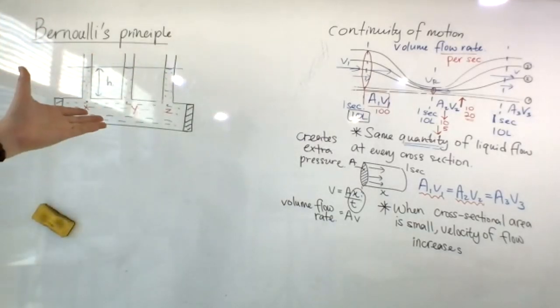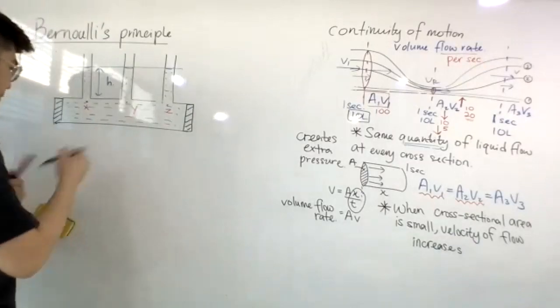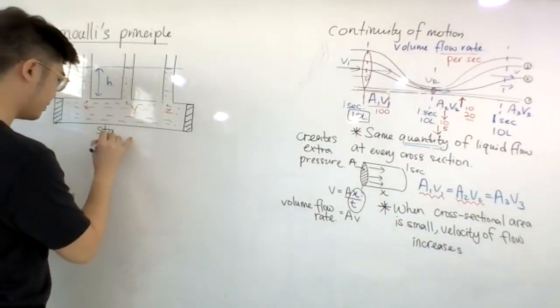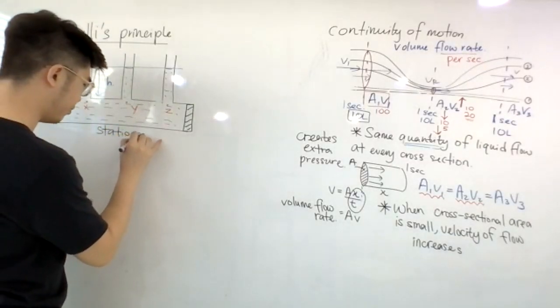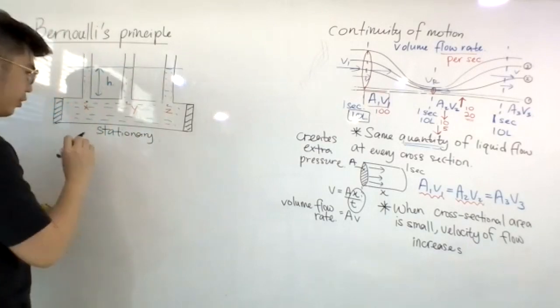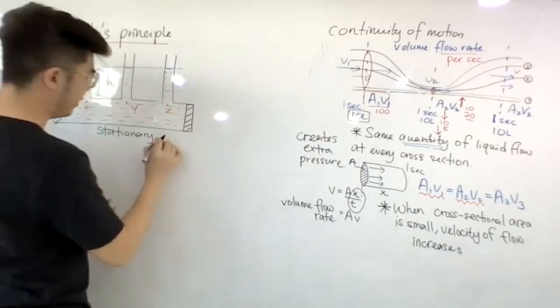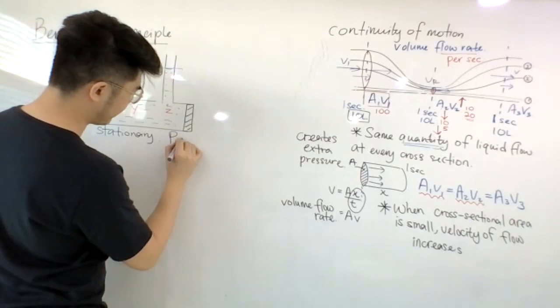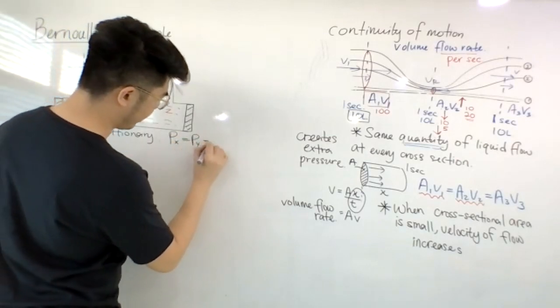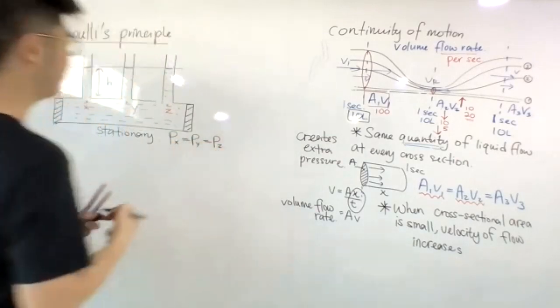Now, keep in mind that in this one, the water is not moving. The water is not flowing. The water is stationary. Okay, no motion. So we can conclude that, judging from the height, pressure at x is equal to pressure at y, and it is equal to pressure at z.